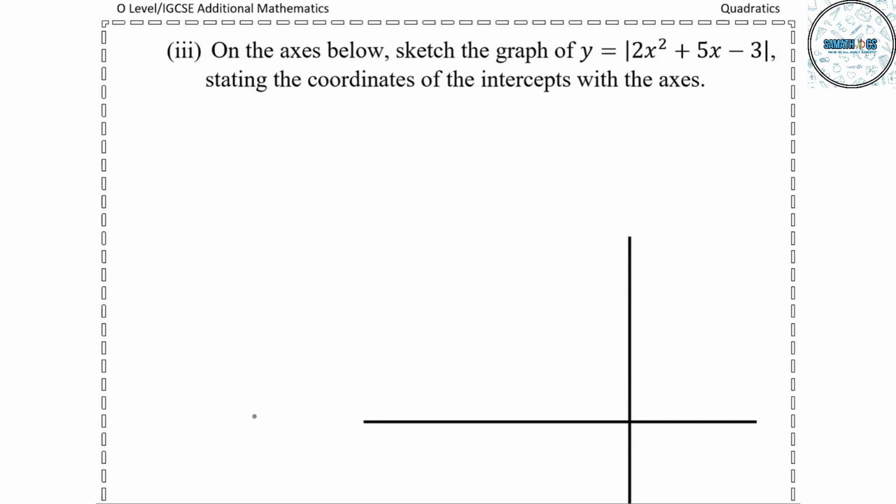Third part is, on the axis below, sketch the graph of y is equal to absolute of 2x squared plus 5x minus 3, stating the coordinates of the intercept with the axis. It is the same expression which was there in the last part. So we already know the coordinates of the turning point, which are minus 5 upon 4, comma, minus 49 upon 8.